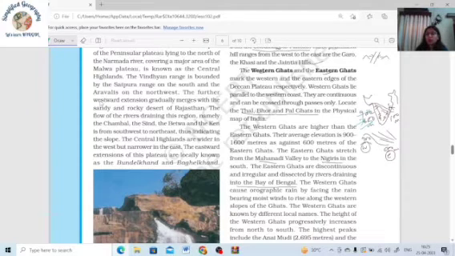As it has quite an altitude, what happens is that the moisture-laden wind collides with the western Ghats, and then orographic rainfall happens. Then it sheds almost most of its moisture in the western Ghats.